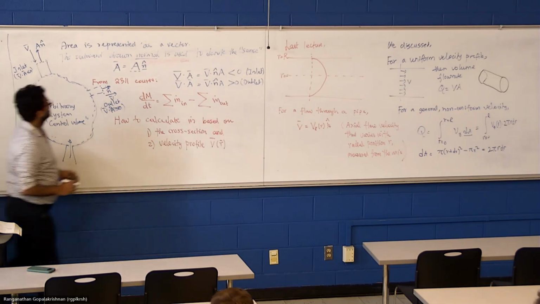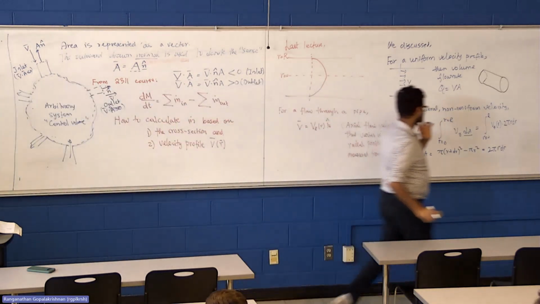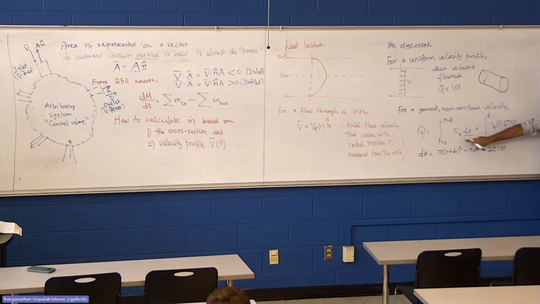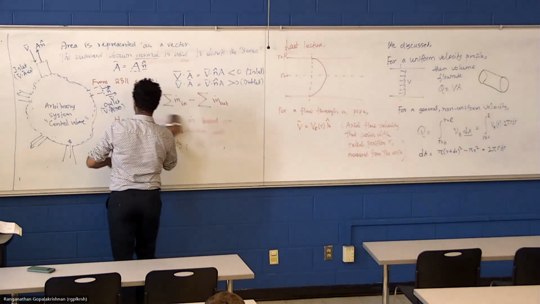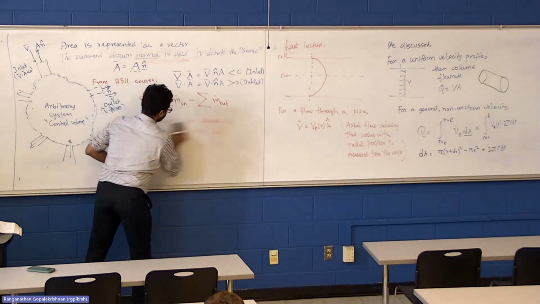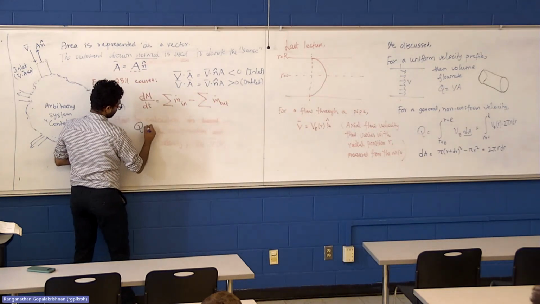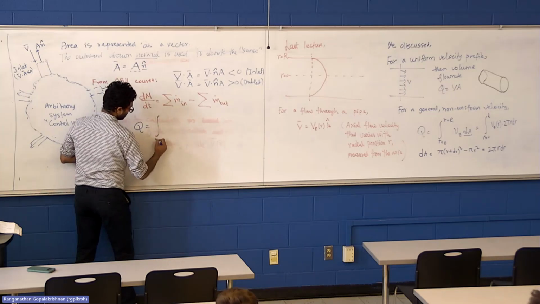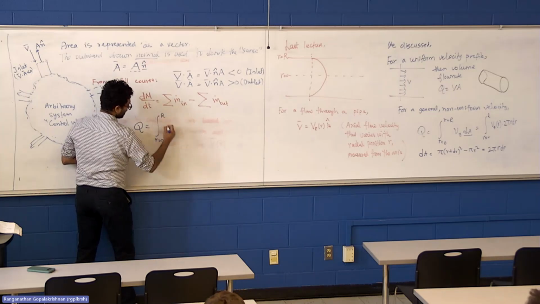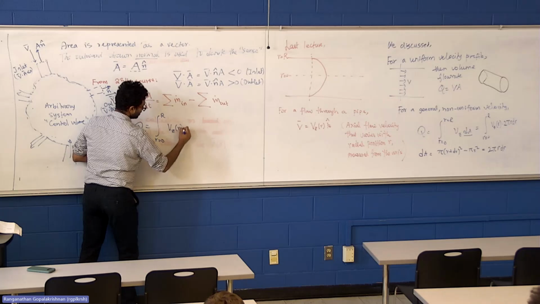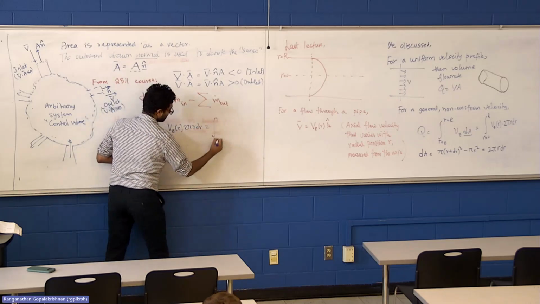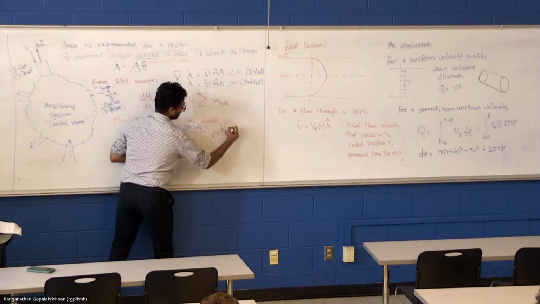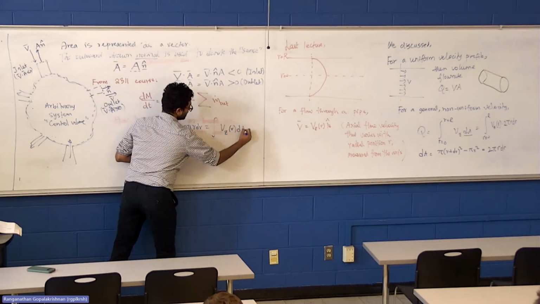The reason I write it this way is that over here I have Vz dot dA. So when I want to calculate flow rate Q, which I write as the integral from r equal to 0 to R of Vz of r times 2 pi r dr, I'm going to generalize this by writing Vz of r times dA.